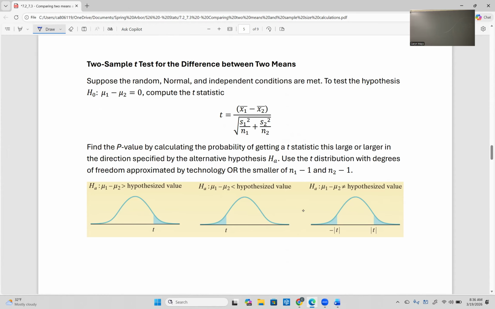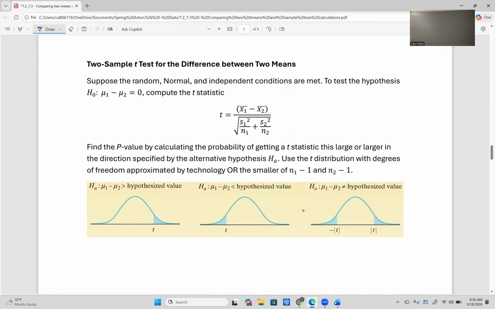It's the same information, grand scheme, as all our other tests: we find a t statistic, in this case, plug the information in.